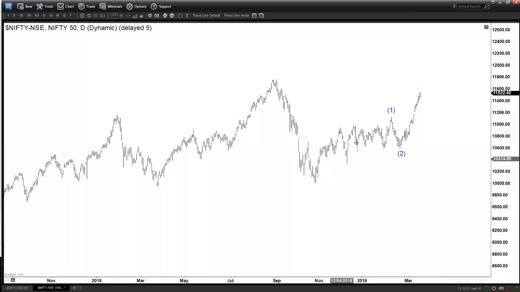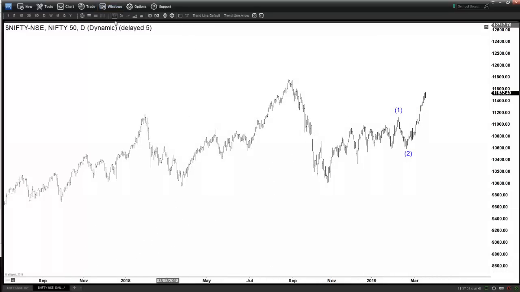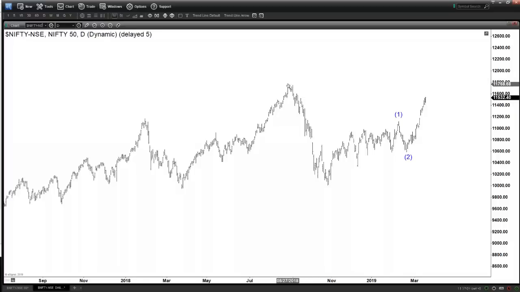Since then, Nifty has rallied nicely, almost breaking into an all-time high by breaking this 2018 high, right? So over here, this is August 2018, which is the high in 2018. We are getting close to break this.